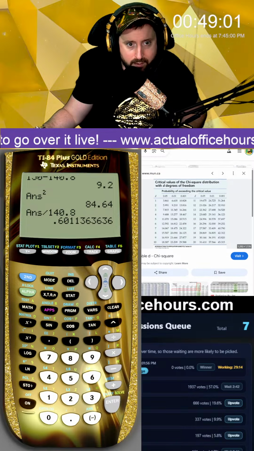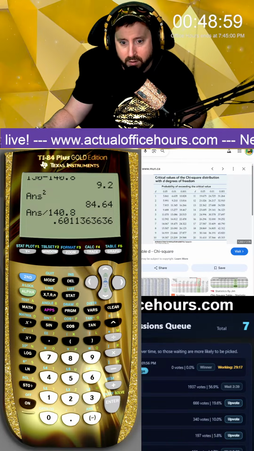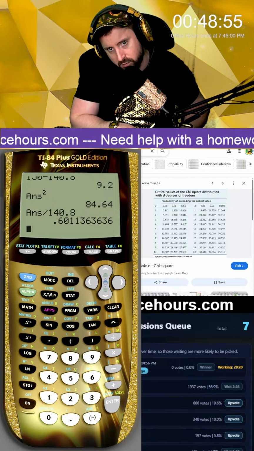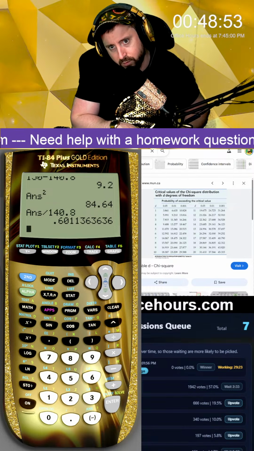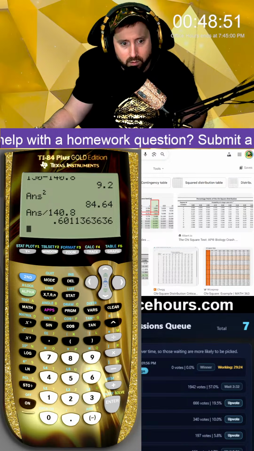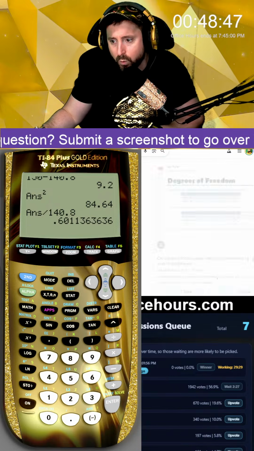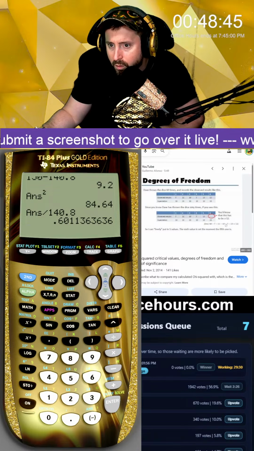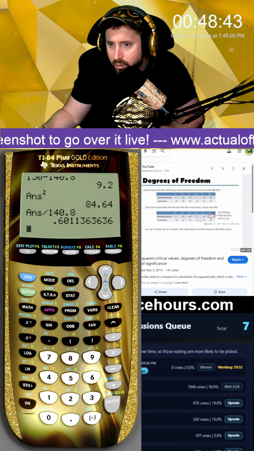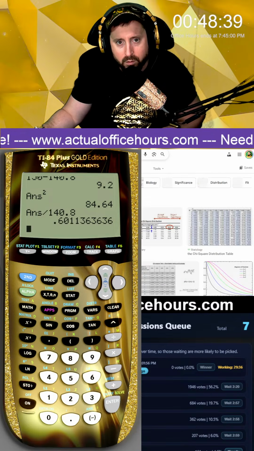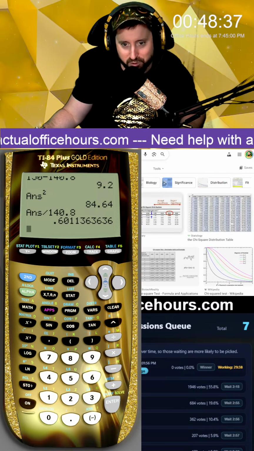Okay, so you check that, and then degrees of freedom. Chi-square degrees of freedom. I could just ask AI. Honestly, I really should just be asking AI.